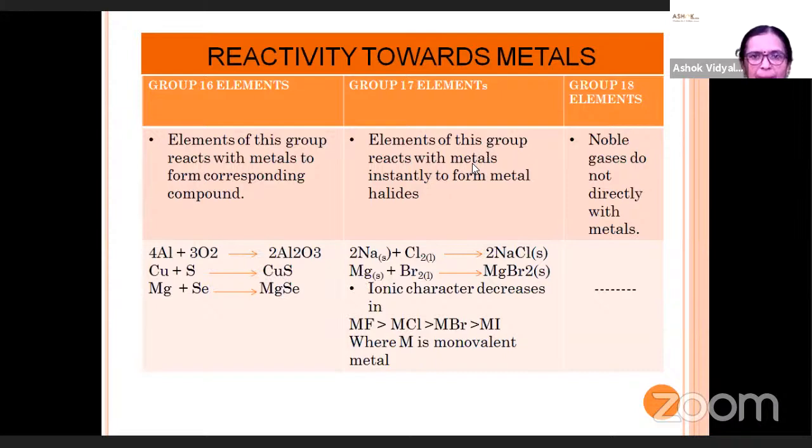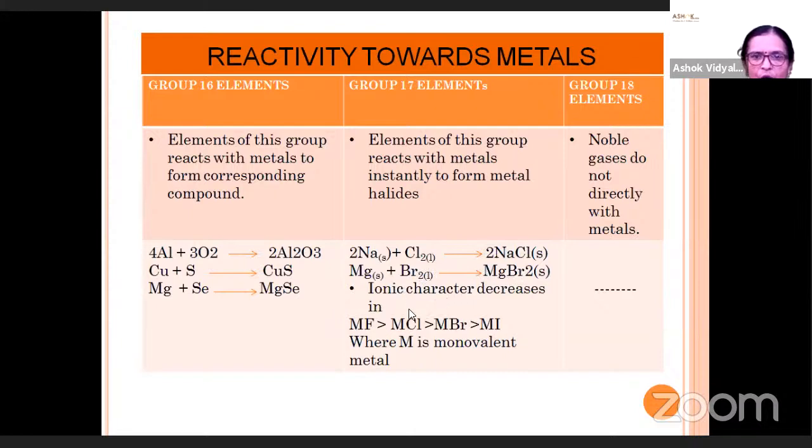Group 17 elements also react with different metals instantly and they form the respective halide. For example, sodium, when it reacts with chlorine, forms sodium chloride. Magnesium, when it reacts with bromine, forms magnesium bromide.